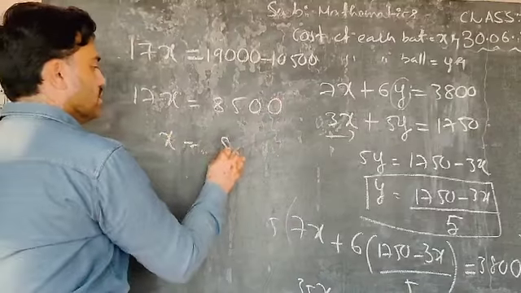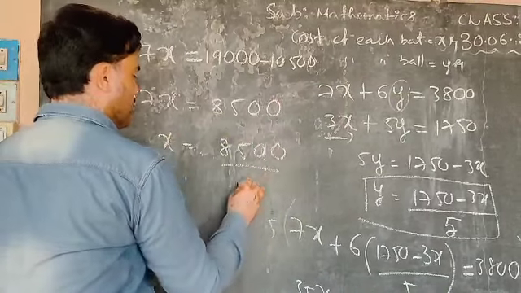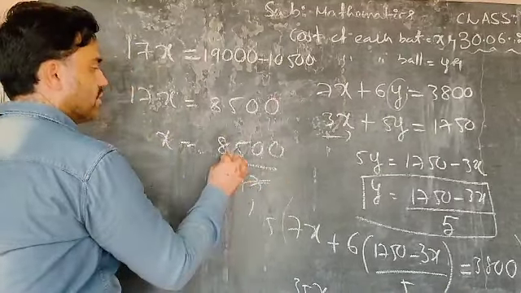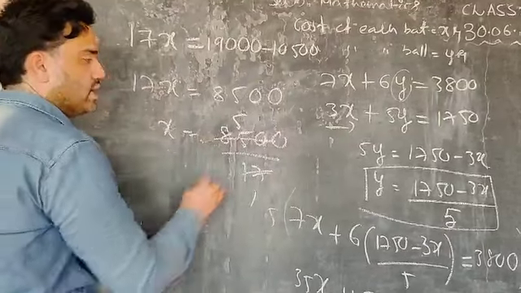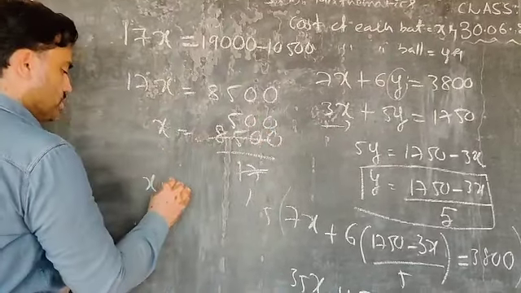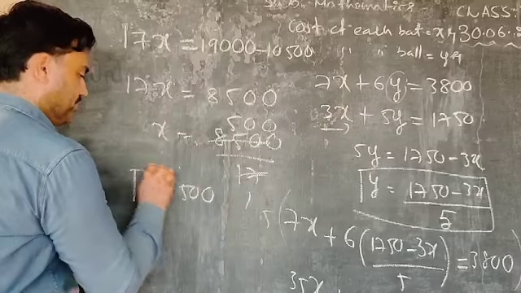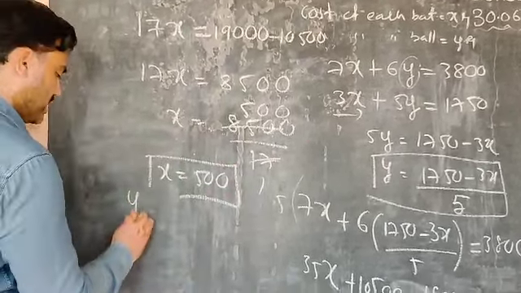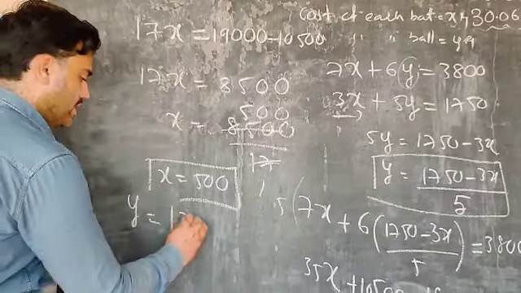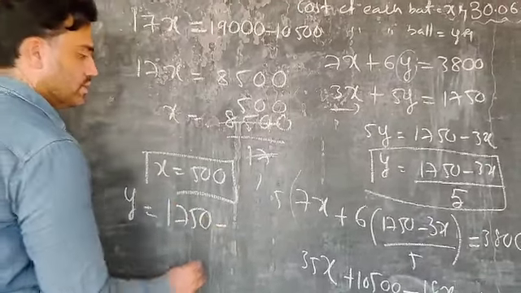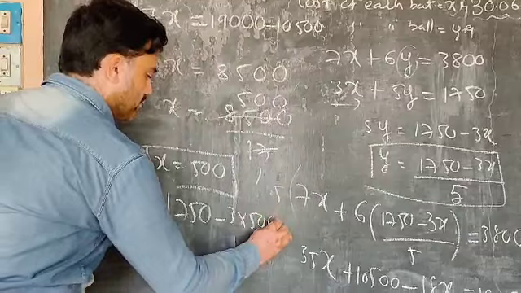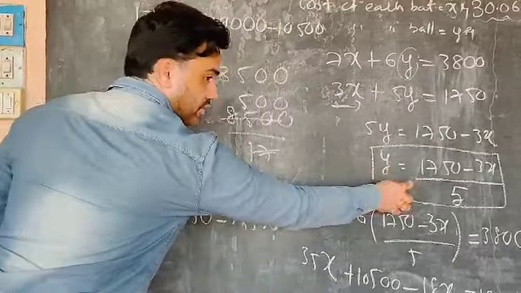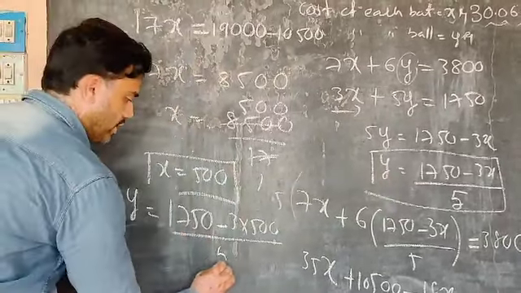x is equal to 8,500 divided by 17. So 17 ones are 17, 17 fives are 85, 2 zeros as it is. So that is 500. So substitute it in the first equation. y is equal to 1750 minus 3 into 500, because we have 3x in this equation, divided by 5.